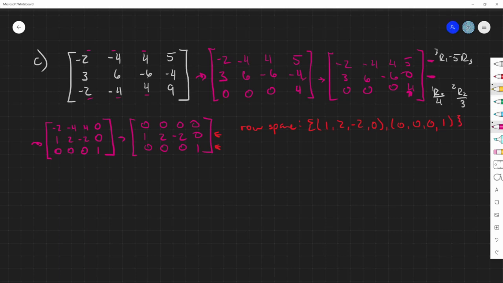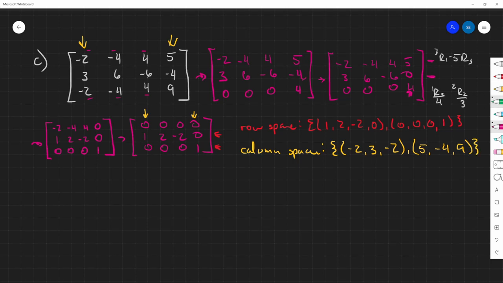Column space: look at our pivots here and here, so it's going to correspond to this one and this one. So our column space will be -2, 3, -2, right? And then 5, 4, 3, 2, 1, 5, -4, 9.